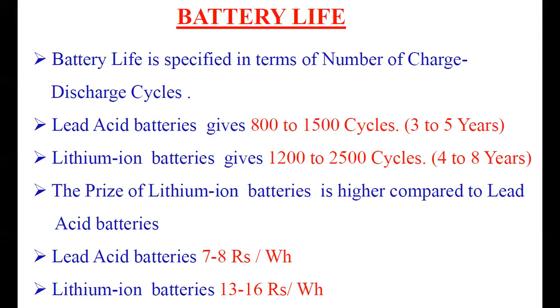Lithium ion batteries are somewhat higher, at 1200 to 2500 cycles, approximately 4 to 8 years of battery life. But the price of a lithium ion battery is high compared to lead acid batteries. For a simple comparison, a lead acid battery costs approximately 7 to 8 rupees per watt hour, but lithium ion batteries cost 13 to 60 rupees per watt hour.